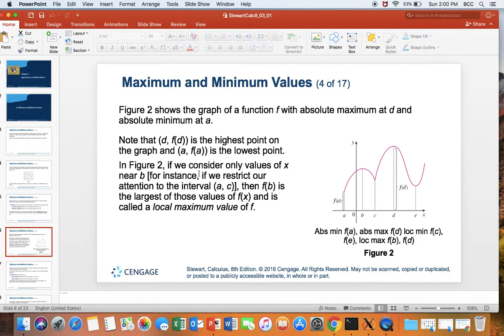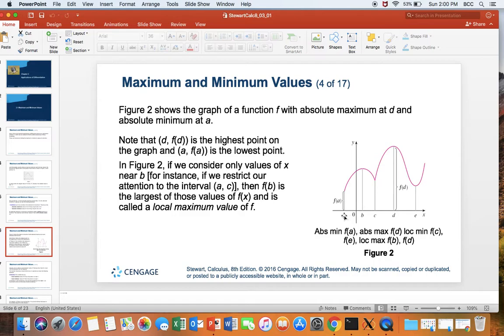In figure 2, we consider only values of x near b. For instance, so where is our b? Here we go. If we restrict our attention to the interval a to c, then f(b) is the largest value.